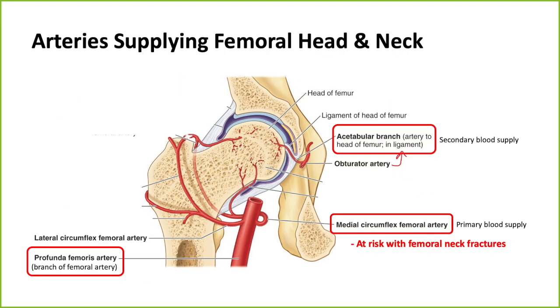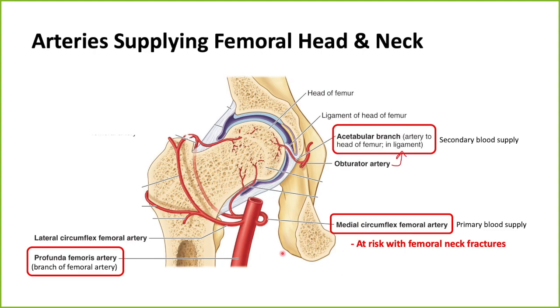Okay, so here's the artery supplying the femoral head and neck. So we've got the acetabular branch that came from the obturator. So make sure that you know that it came from obturator, gives off that acetabular branch to that head of the femur. The primary blood supply to the head is the medial circumflex femoral artery. It's the primary blood supply because the obturator is mostly for children, and then the medial circumflex is really what takes over.